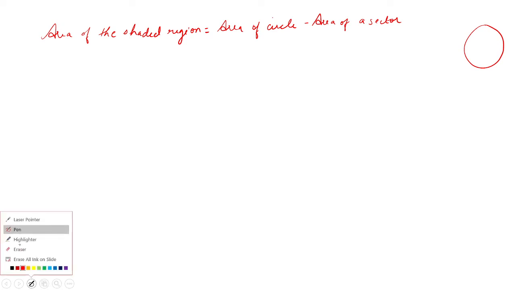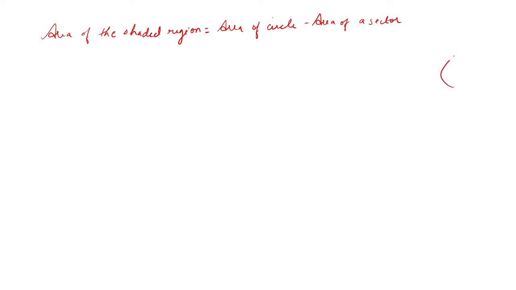So therefore, the area of the shaded region is going to be equal to area of a circle. Remember, you take area of a circle, this whole thing, subtract area of a sector, clear? So after that, you'll be left with a figure something like this.